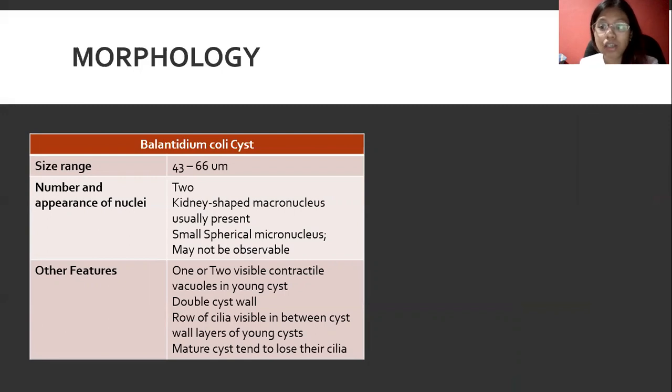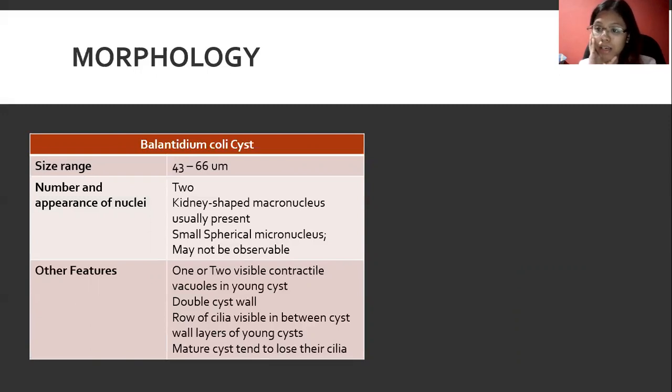So hindi siya masyado nakikita, katulad din nung nabanggit natin kanina sa trophozoite. Other features, 1 or 2 visible contractile vacuoles in young cyst, double cyst wall, row of cilia visible in between cyst wall layers of young cyst, and mature cysts tend to lose their cilia. So once po ang ating cyst ay nag-mature na siya, minsan nawawala na po yung cilia.